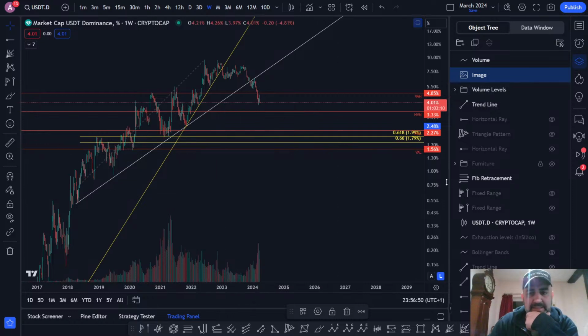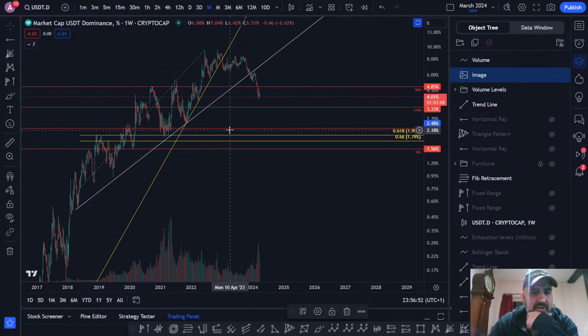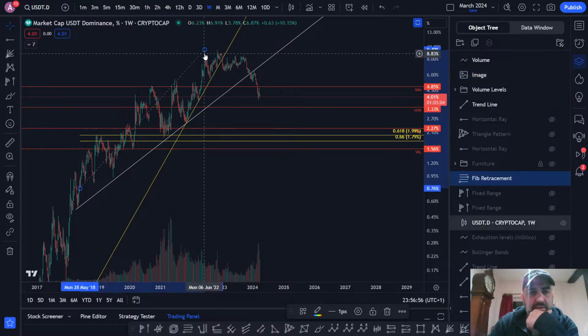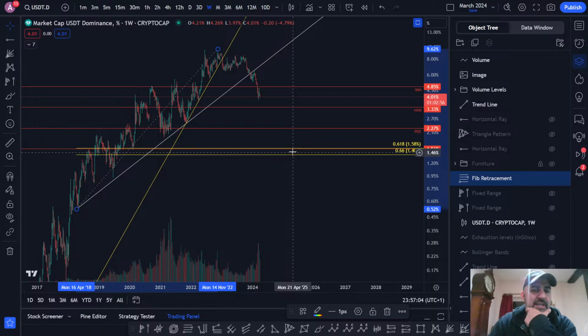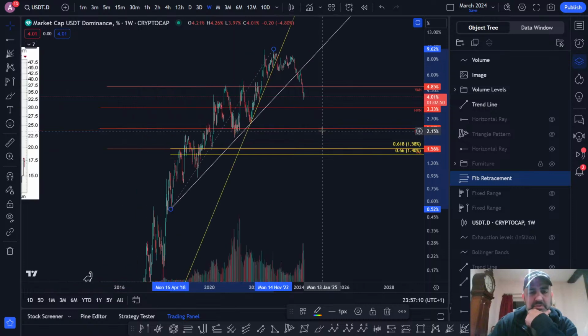But the problem is, you have the point of control. What is that golden pocket? That golden pocket corresponds with the value area low. You're going to have support there. You're definitely going to have support there, and you're going to have support there. You're going to have two levels of support.